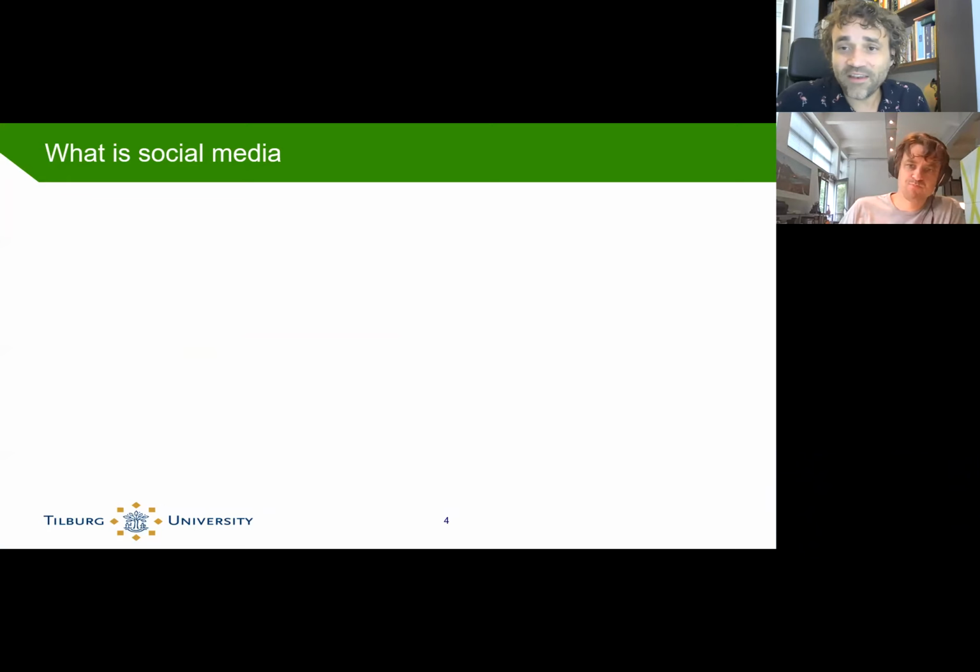And the third one is many-to-many. So that means that to a certain extent, back to the definition, it's visible, and it's also not necessarily restricted to one-on-one or few-to-few communication. So most social media, even WhatsApp, in which you can have group conversations, of course, are to some extent many-to-many.